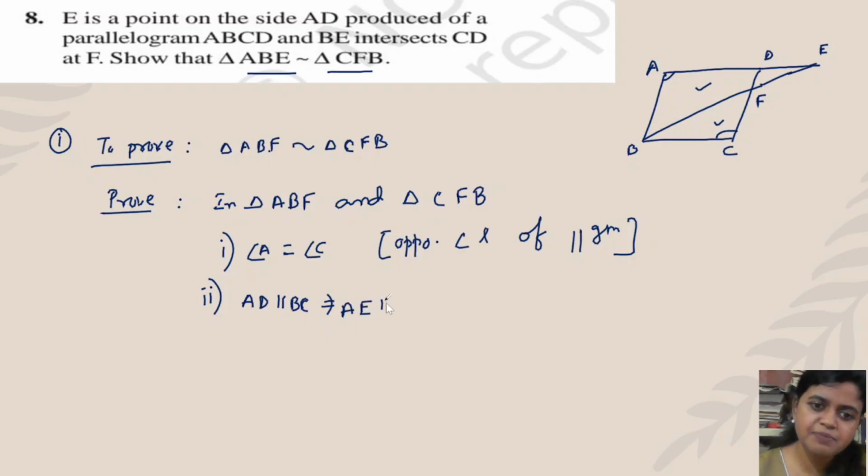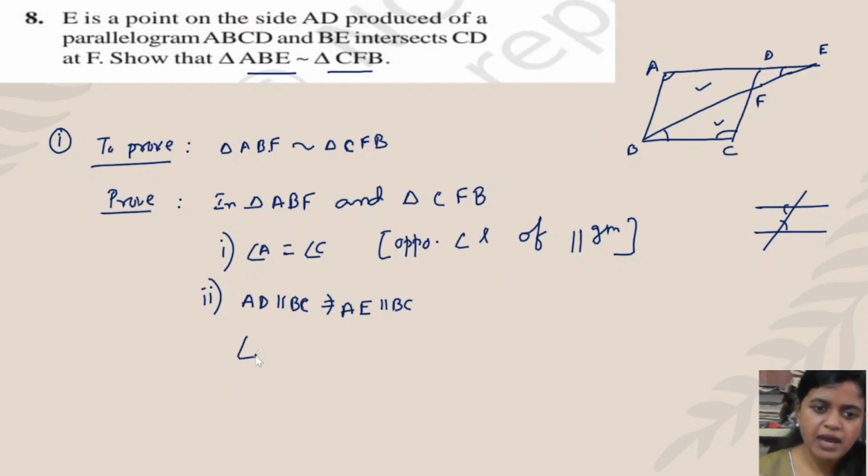Since AE is parallel to BC, BE is a transversal here, and when a line cuts two parallel lines, it forms alternate interior angles and corresponding angles.